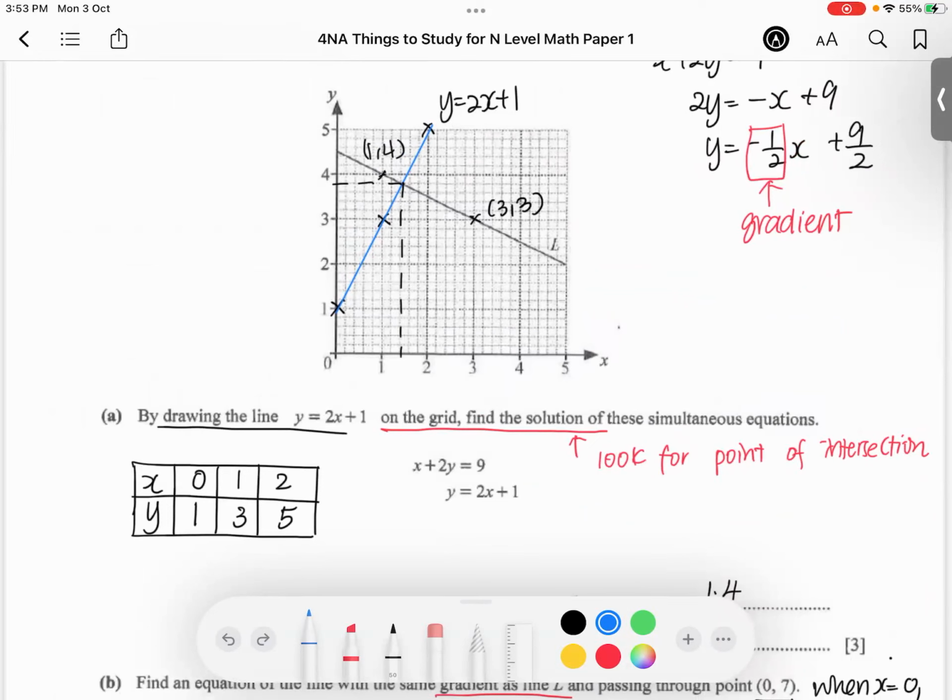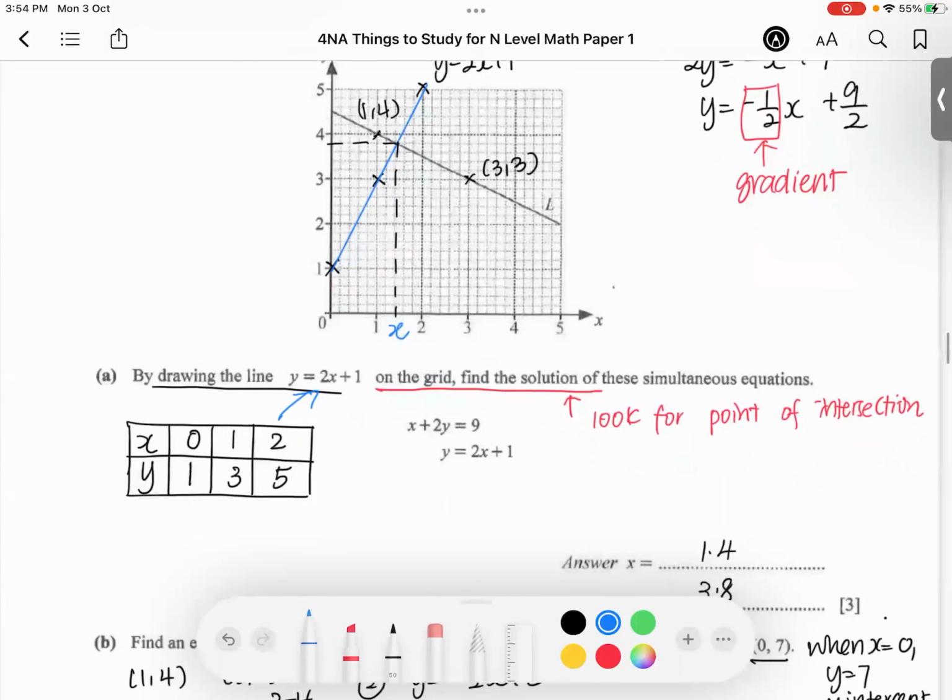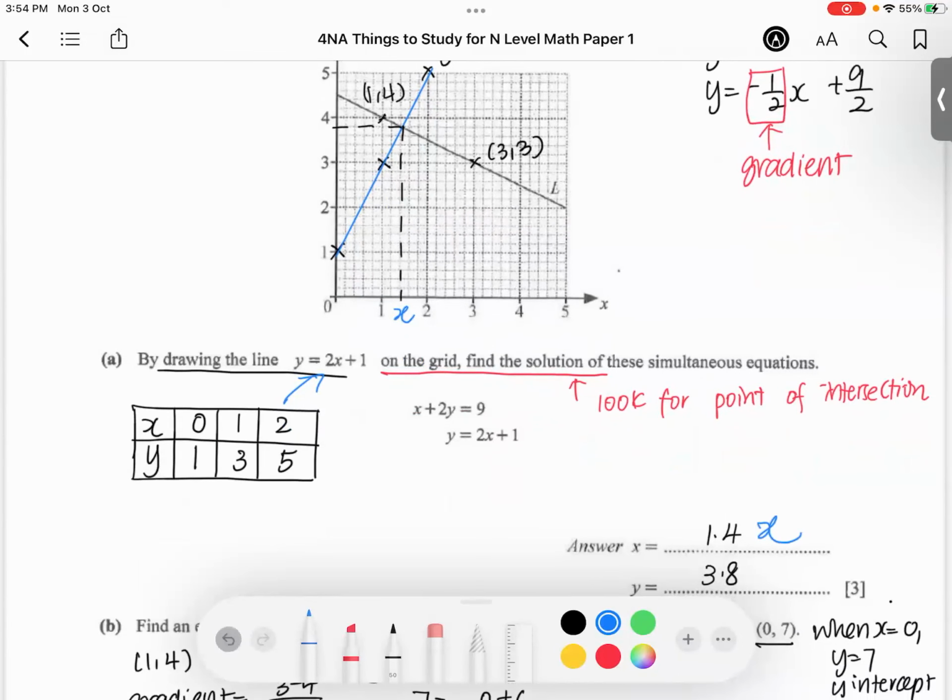Plot a table for this equation, then plot the line. When the question says find the solution for the simultaneous equation, it's looking for the point of intersection. The X value will be the X solution. The Y value here will be the Y solution for that point of intersection.